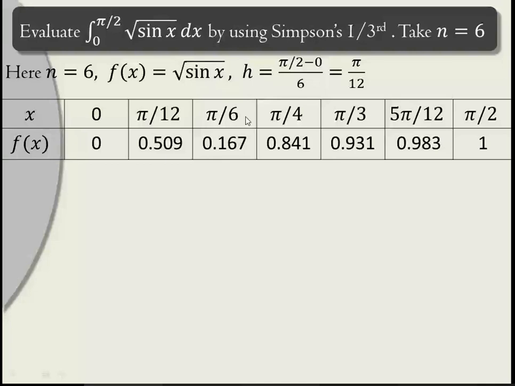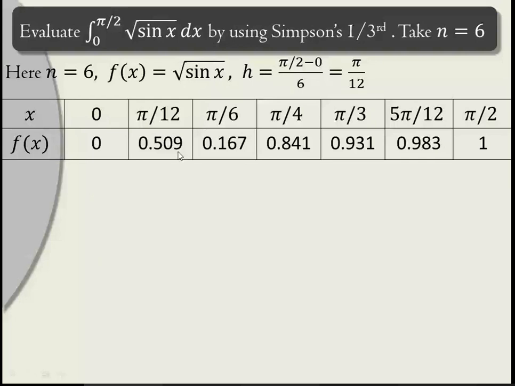Add pi by 12 to this, we get the next term, and like that continue until we reach the upper limit. The upper limit is pi by 2. So from 0 up to pi by 2, we have to divide it into these many intervals, 6 sub-intervals.